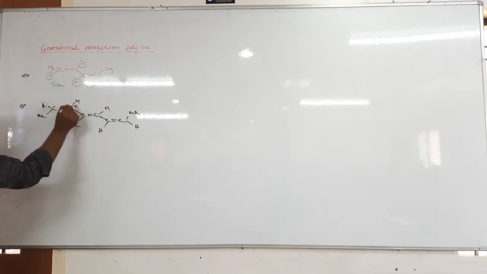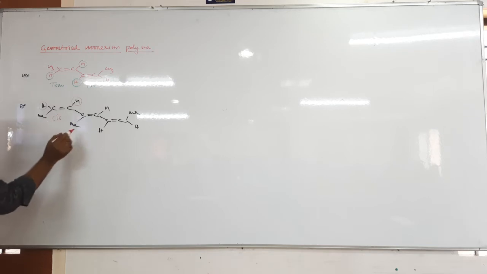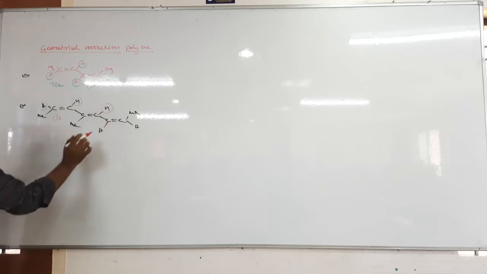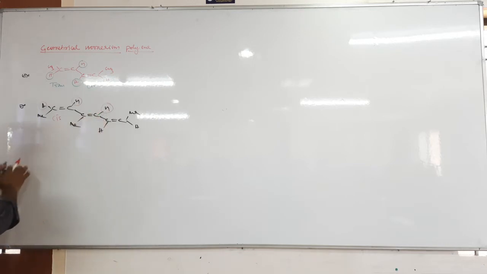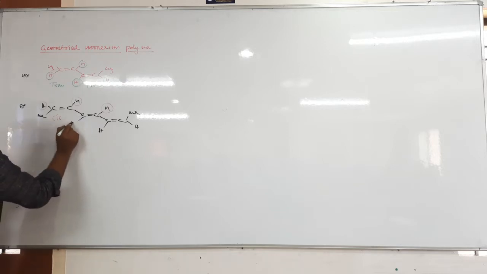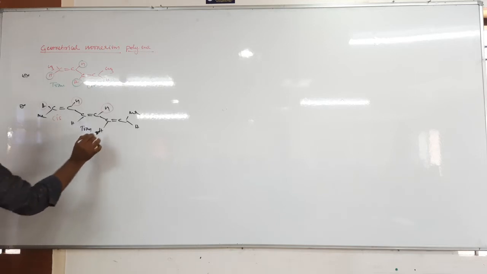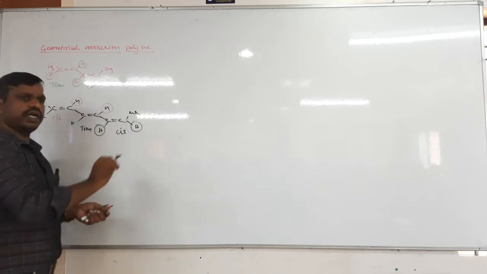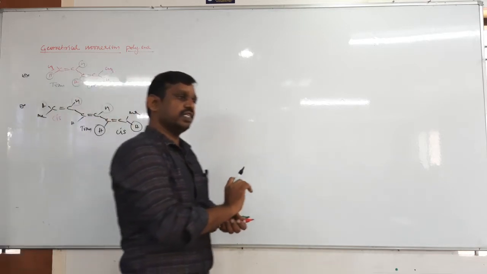Identical groups on the same side, it is cis. Here identical groups are, take hydrogen here, this is trans, now here H H, cis, so that you can identify the cis and trans.